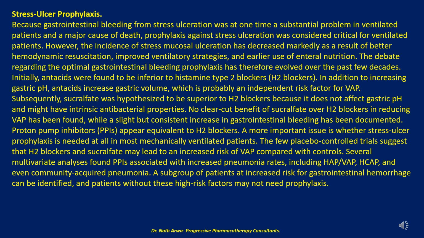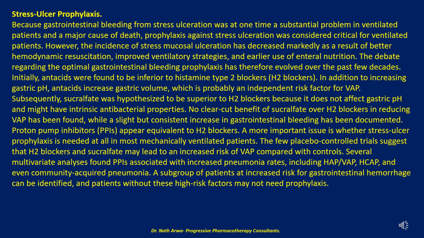Initially, antacids were found to be inferior to histamine type 2 blockers, abbreviated as H2 blockers. In addition to increasing gastric pH, antacids increase gastric volume, which is probably an independent risk factor for ventilator-associated pneumonia. Subsequently, sucralfate was hypothesized to be superior to histamine type 2 blockers because it does not affect gastric pH and might have intrinsic antibacterial properties.